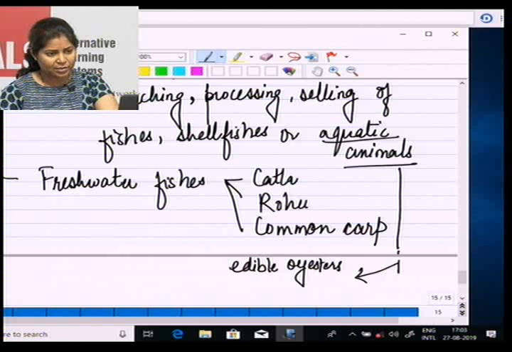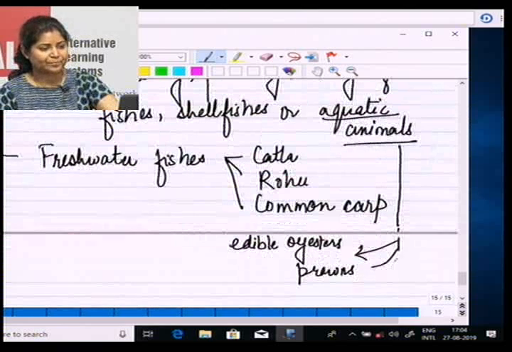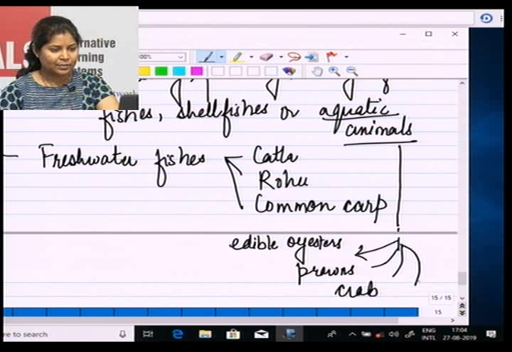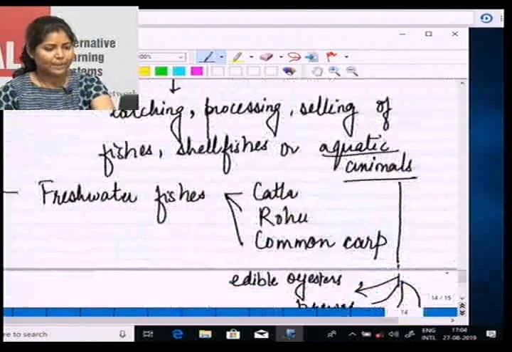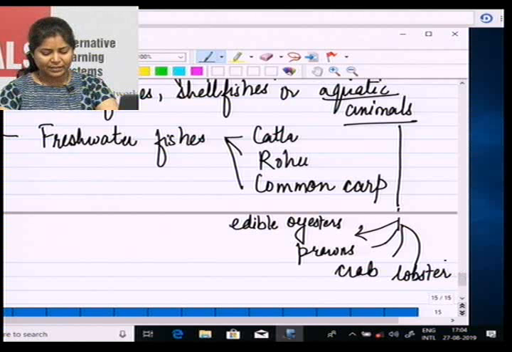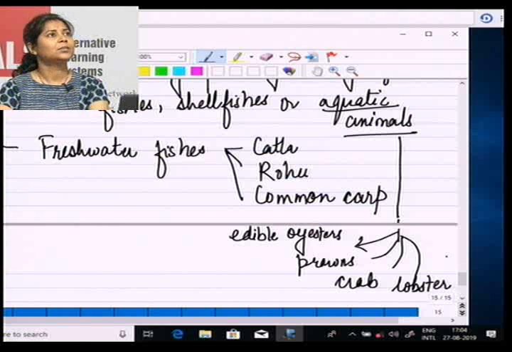Edible oyster, you can have prawns. How many of you like prawns? You can have crab. You can have lobster. These are the typical animals that are called aquatic animals.